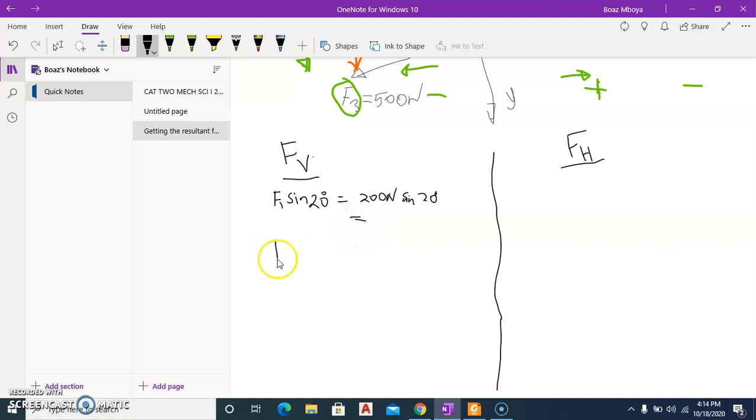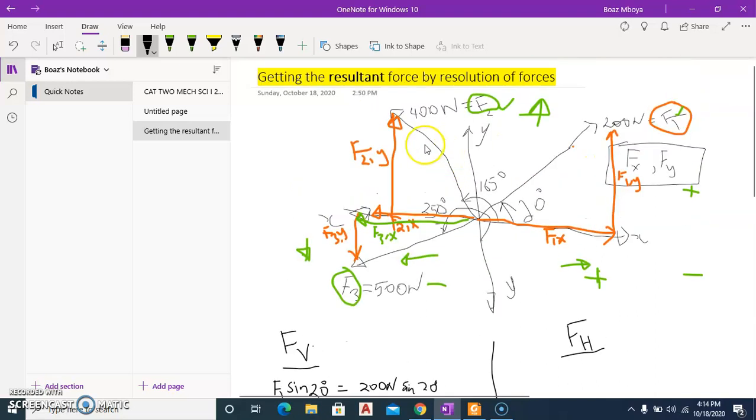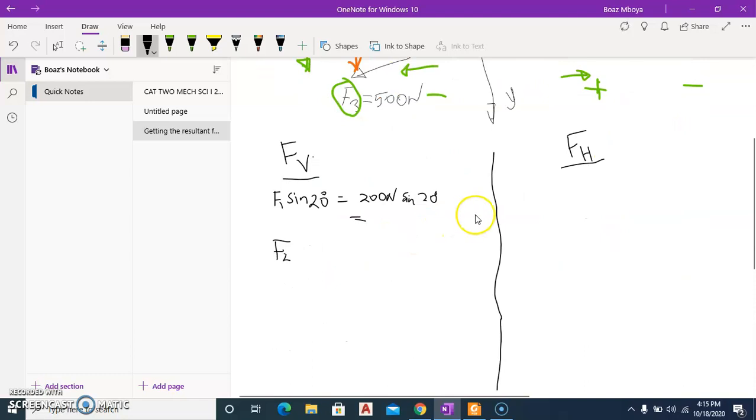Then we have F2. So F2 is the angle between the horizontal plane and F2 is 165 degrees. So we have F2 sine 165 degrees.